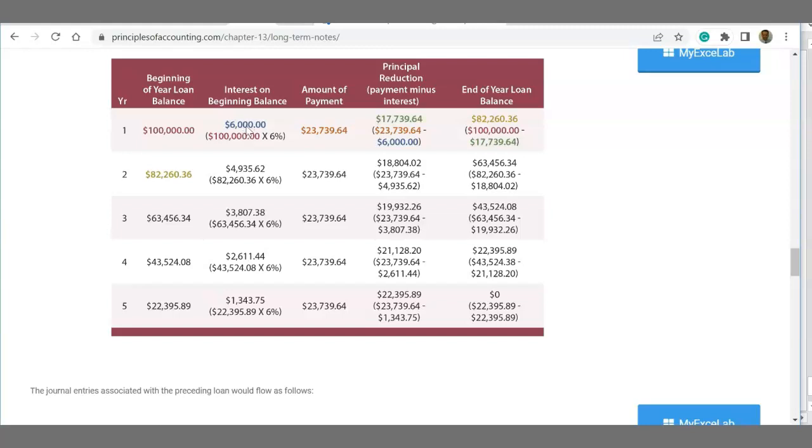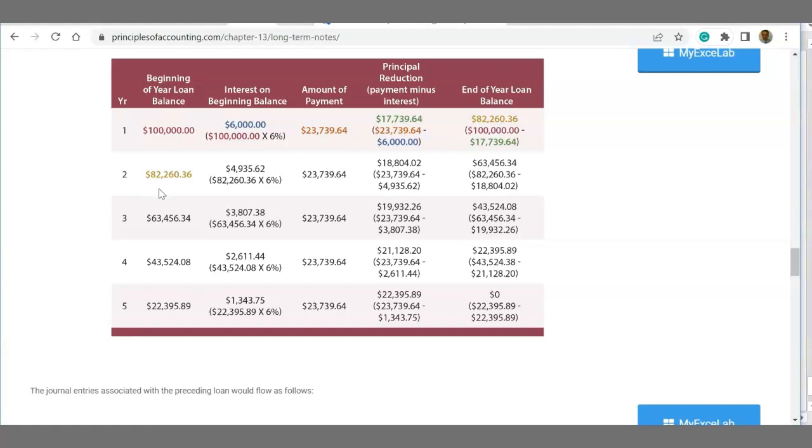But the payment is how much? 23,000. So 23,000 minus 6,000, that is 17,739 reduction in principal. So 100,000 minus 17,739, the end of the year principal is 82,260.